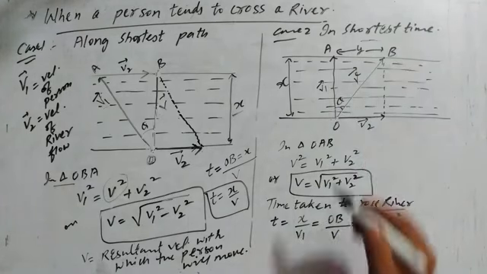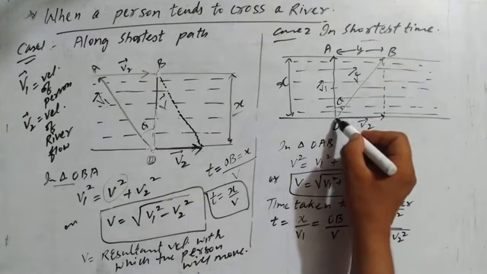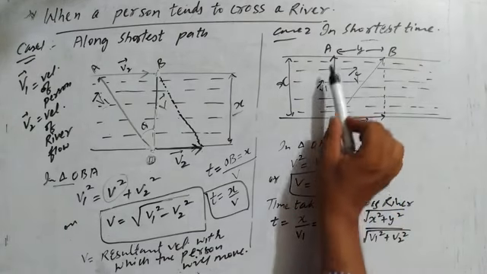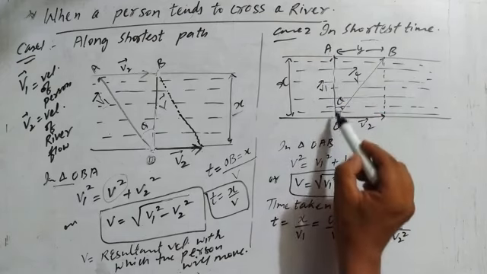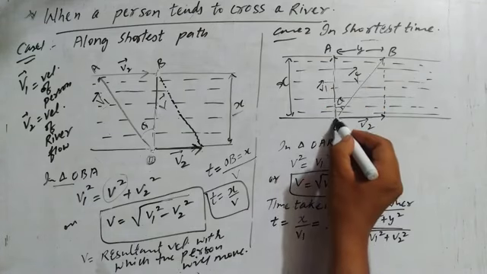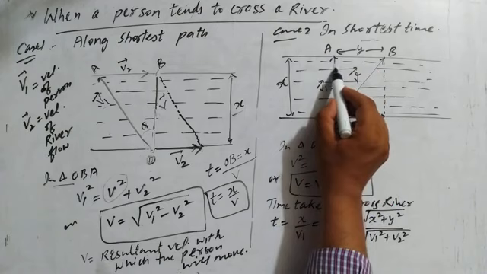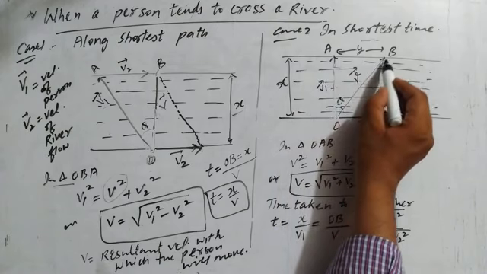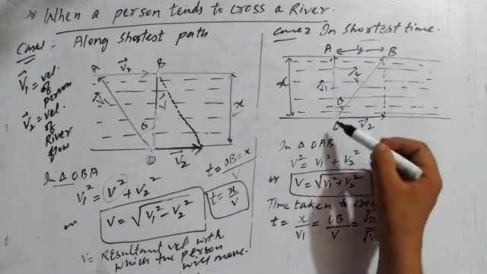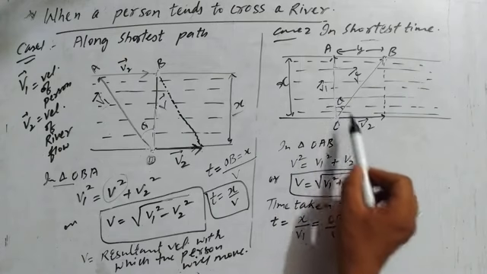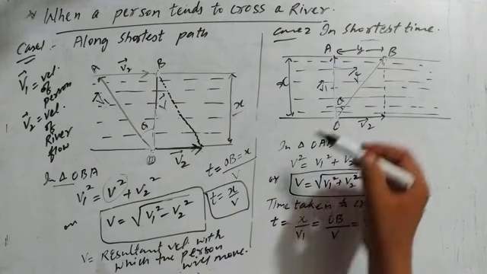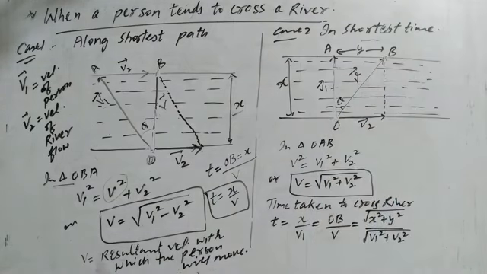For this, the person should move along the perpendicular direction to the river flow so that the resultant of v1 and v2 reaches point B. The person moving along this direction will move with the river flow and will reach point B. So this OB will represent the resultant of v1 and v2, the velocity of the person and that of the river flow.